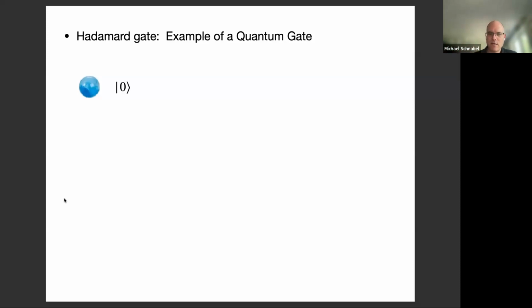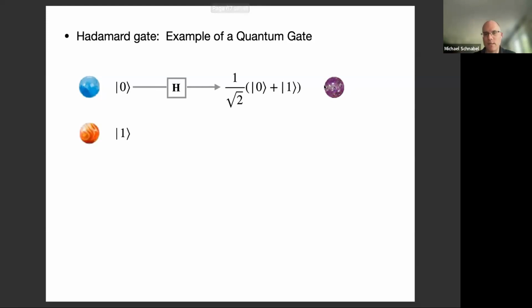There you have a blue marble, a 0 qubit. You send it through a gate. The gate will do something to this vector. It will not change its length, but it may rotate it or flip it. For example, say this gate will take your 0 state and transform it into this superposition state, while a 1 state will be transformed to the yellow quantum marble.